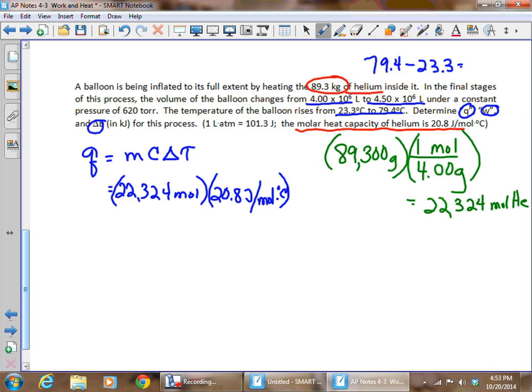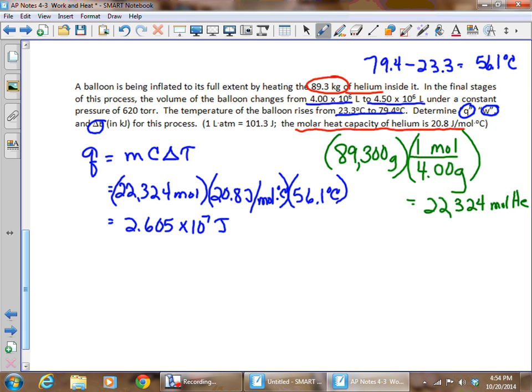We're going to get a value of 56.1 degrees Celsius for our change. So 56.1 degrees Celsius. And we end up with a value of 2.605 times 10 to the 7th joules.